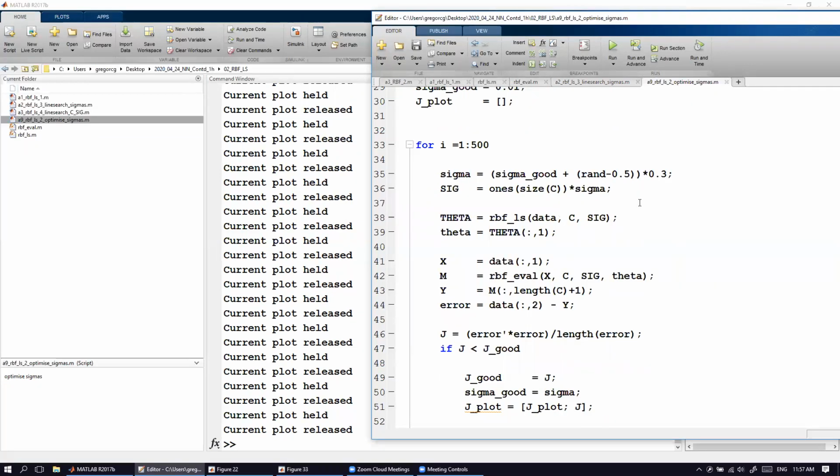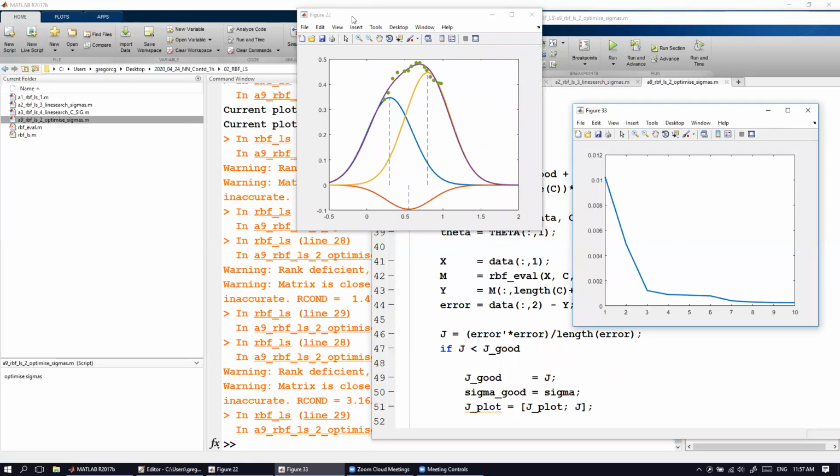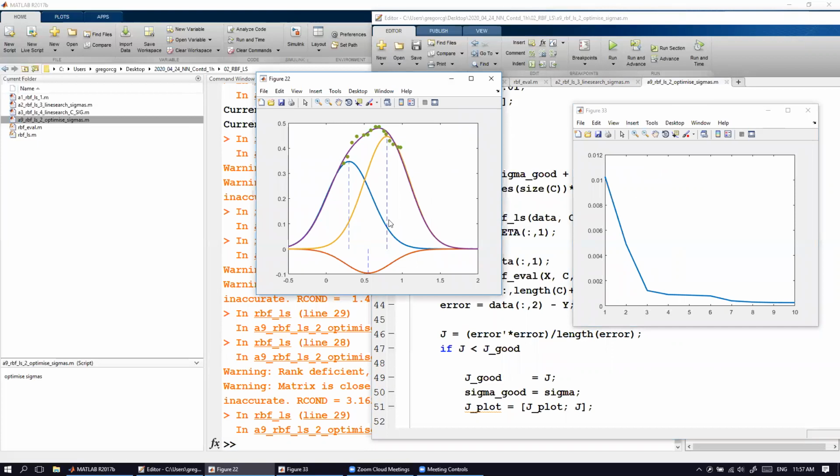Right, so now I want to calculate the weights using the least squares, and I want to optimize the widths, the sigmas. And let's see what happens. It breaks. No, it doesn't. So basically with the 3 neurons, which are placed around, I can get the approximation quite okay.